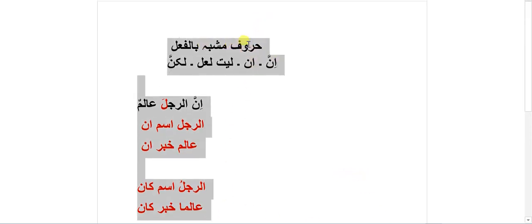Now let me summarize the whole marfuat here. Reason for pesh is fa'il, like nasara zaidun. Here zaidun is fa'il. Second reason is naib fa'il, which is nusira zaidun. Here zaidun is a naib fa'il. Third one is mubtada khabar, like rajulun alimun, both are mubtada khabar with pesh.